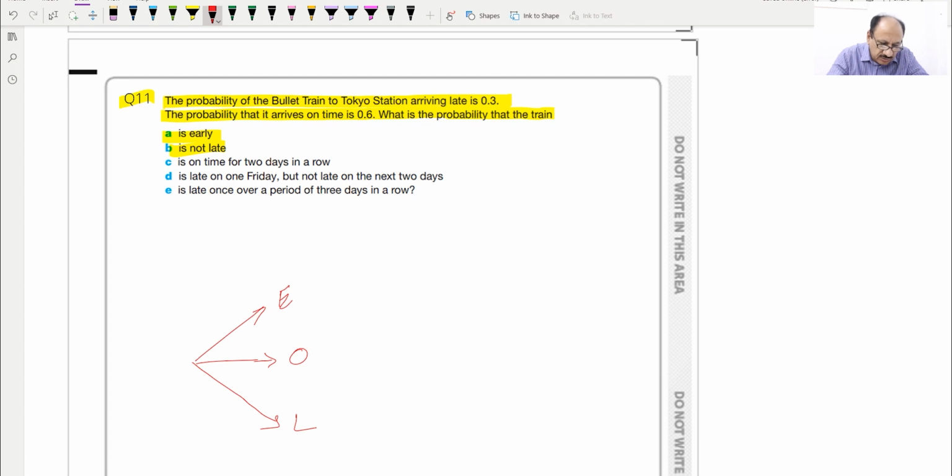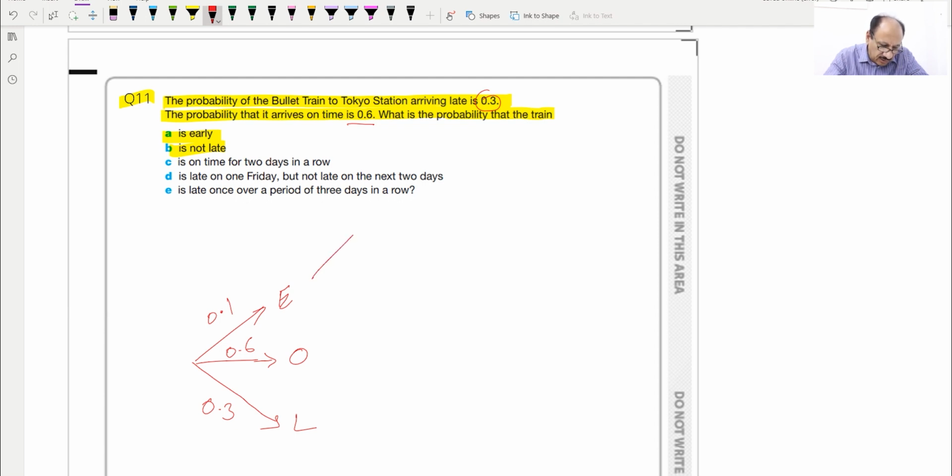So these are three options, and they are saying the probability of arriving late is 0.3, so this probability is 0.3, and arriving on time is 0.6. So this is 0.6, and the remaining will be 0.1. So these are the probabilities. Then we can check for the next one also.